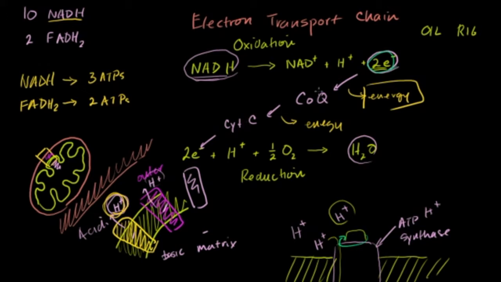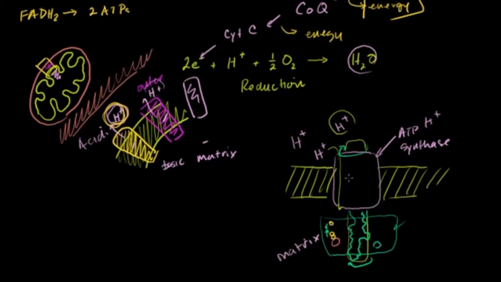They're going to lower energy states. That energy is used to pump hydrogen protons into the outer compartment of the mitochondria. And then those hydrogen protons want to get back into the matrix of the mitochondria. So as they go back in, that drives this ATP synthase engine, which actually produces the ATP.